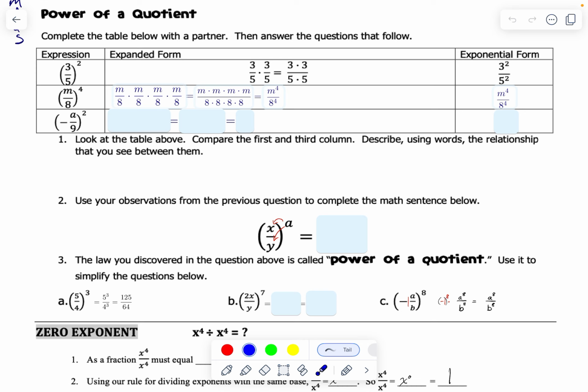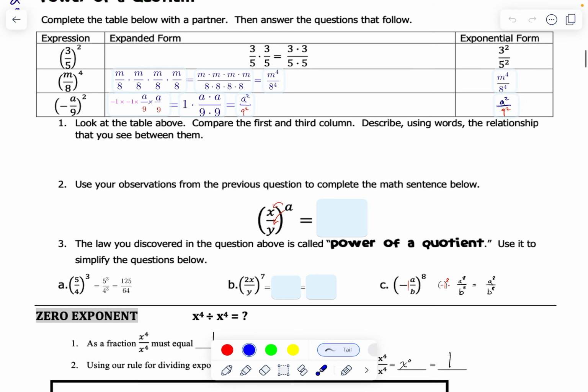If I have negative a over 9, and I square it, I'm going to pull out a negative 1 here and take that negative and square it. So a negative times a negative is going to give me a positive, and then I can just focus on a times a is a squared, 9 times 9 is 9 squared, so I get a squared over 9 squared, and that'll be my final answer. Watch out for those negatives.